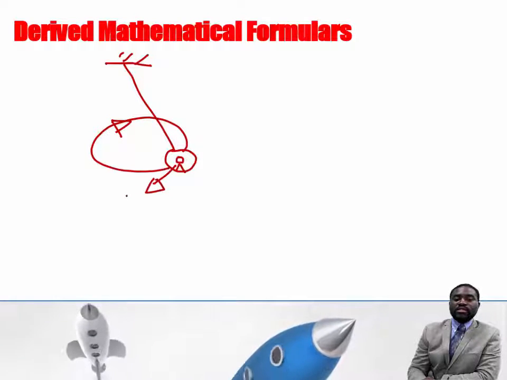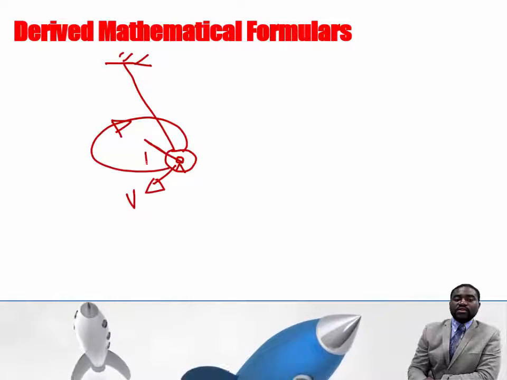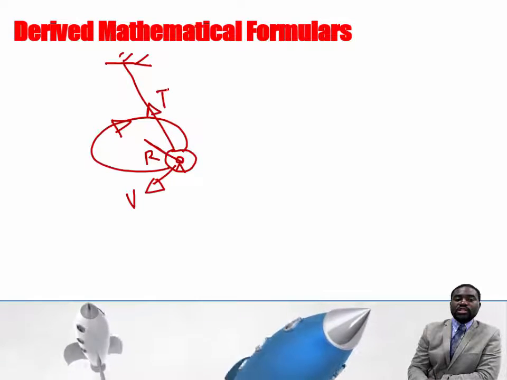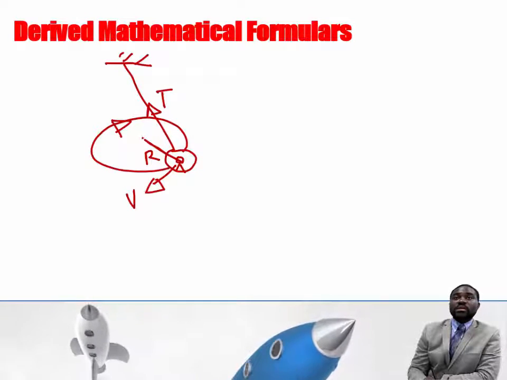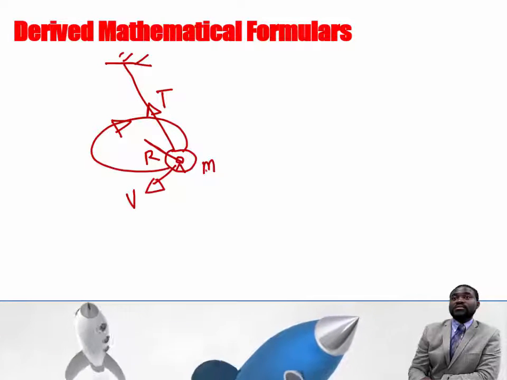It has a certain speed v. Since it's a circle, there is a radius r. There is a tension T in the string, and definitely you have a mass.